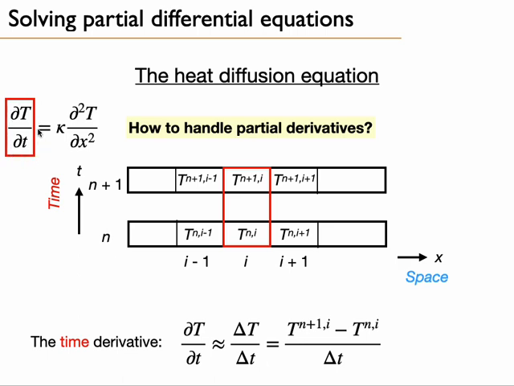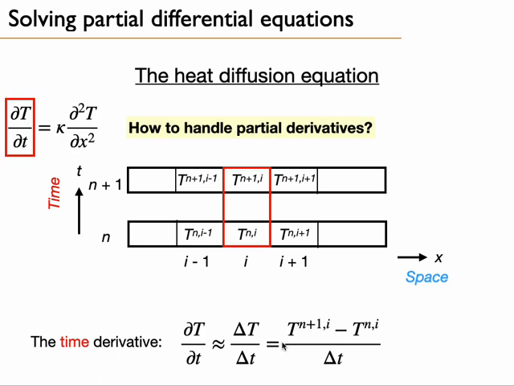That's the rate of temperature. So the time derivative dT/dt, we will simply approximate it by a finite difference, an increment of temperature divided by an increment of time.